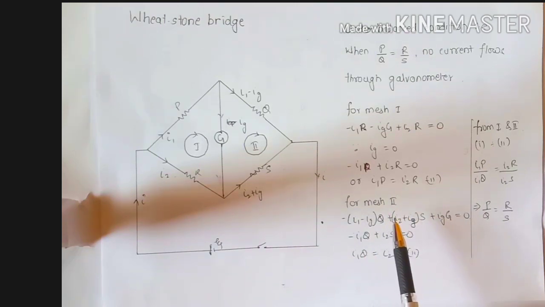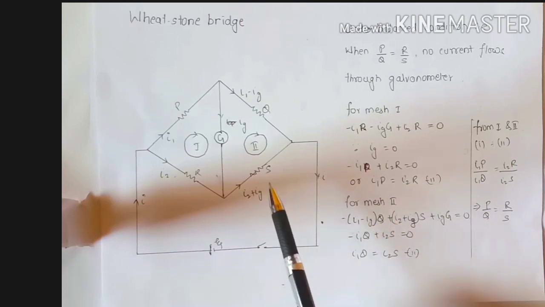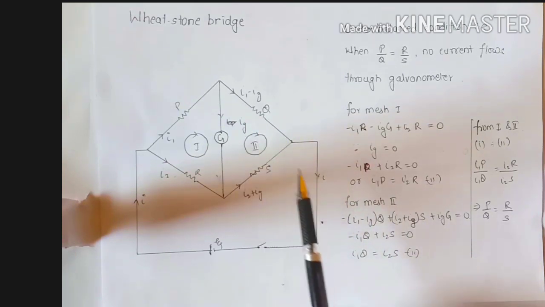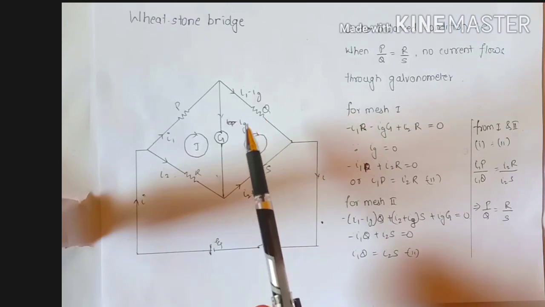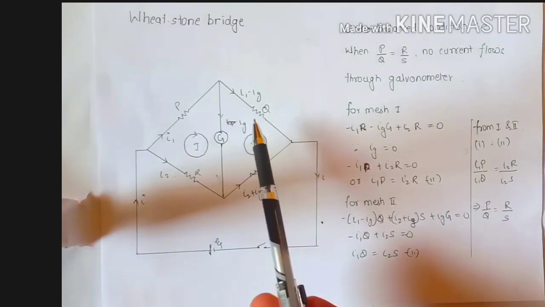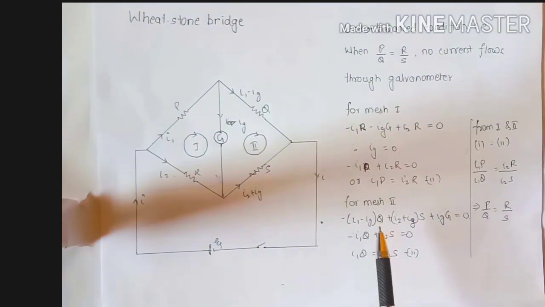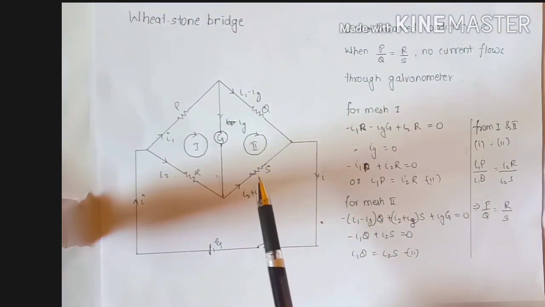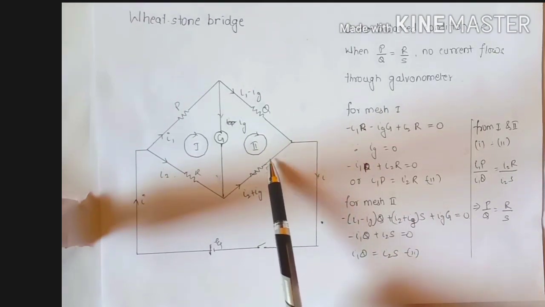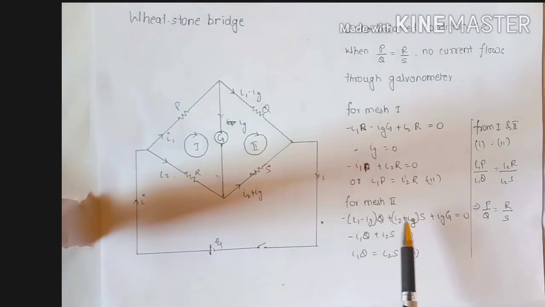Now let us apply Kirchhoff's law in the second mesh. I have taken the second mesh and am moving again in clockwise fashion. So from Q, the main current is along the direction of mesh current, so the potential drop is negative. Through S, main current is opposite to the direction of mesh current, so it is positive.